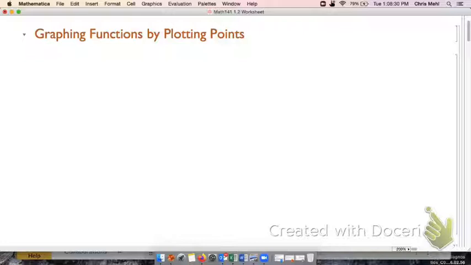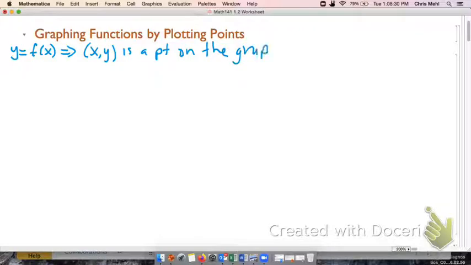Now you saw in the previous section that one notation for a function is to write y equals f of x. And what this implies, when you write y equals f of x, this means x, y is a point on the graph of f.